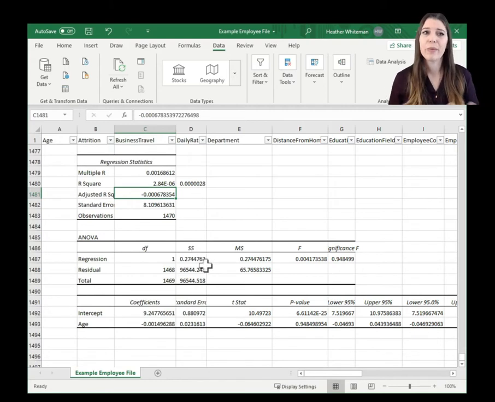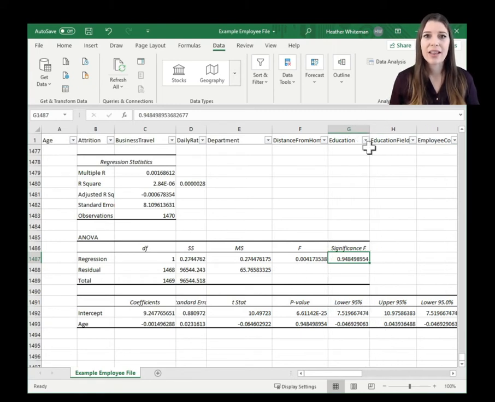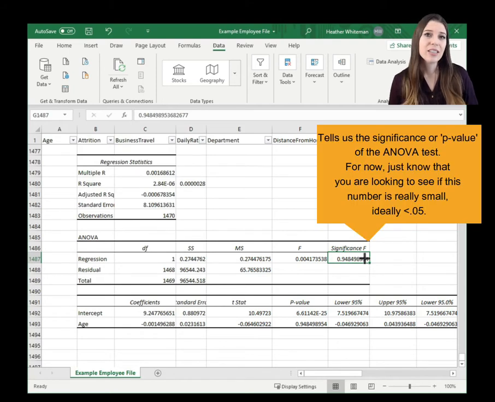The other thing that we typically want to look at is the ANOVA results. And specifically, we want to look at this piece called the significance F. This is also called the p-value. It is looking at whether or not there is a statistically significant interaction and outcome with the variables that we used in this particular regression model.